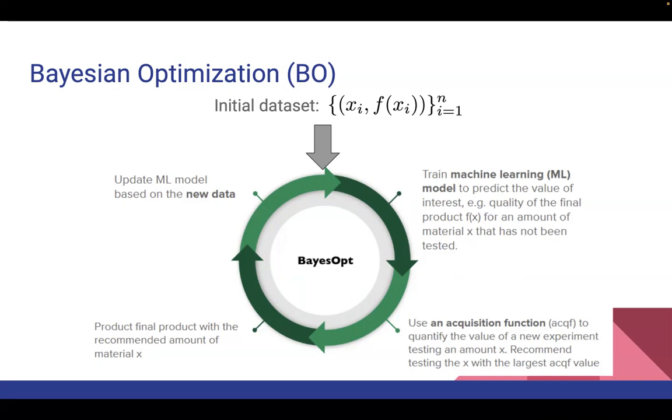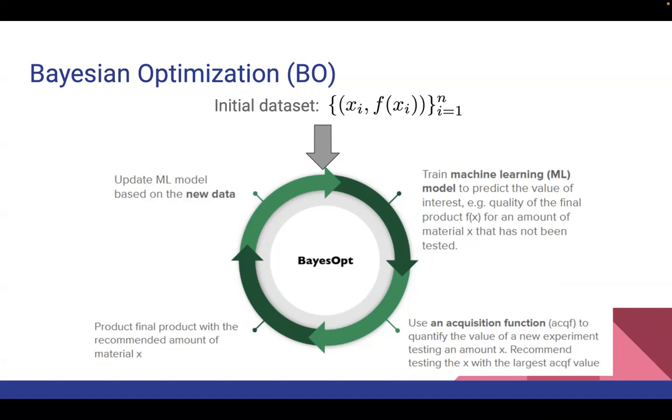BO then trains a machine learning model that is used to predict the output value at any unobserved input X. In the next step, BO uses an acquisition function that evaluates the benefit that we could get from performing one more evaluation at any unobserved X.